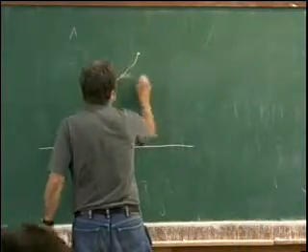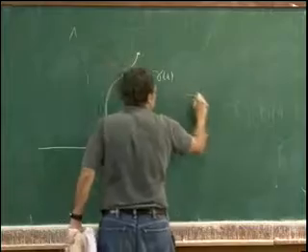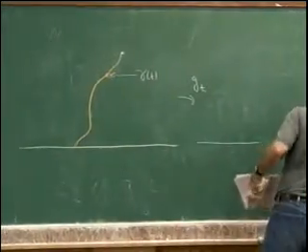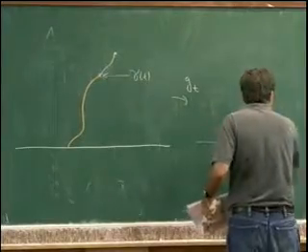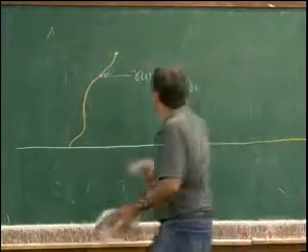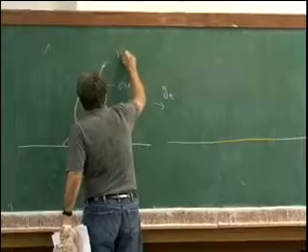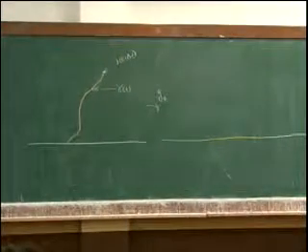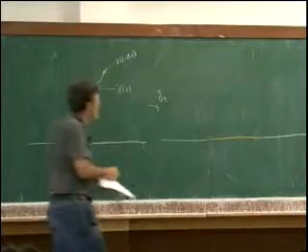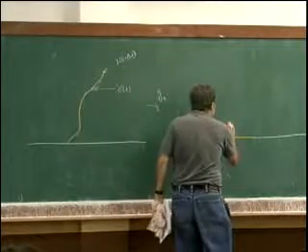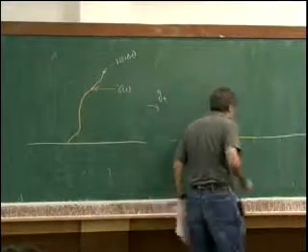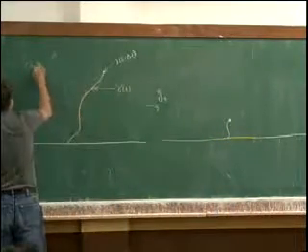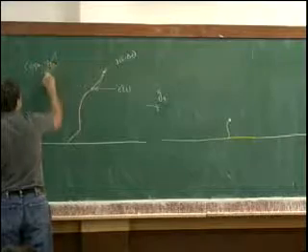Here's gamma t, and this is gamma t plus delta t. Right now, let's assume I'm using the capacity parameterization, the usual.